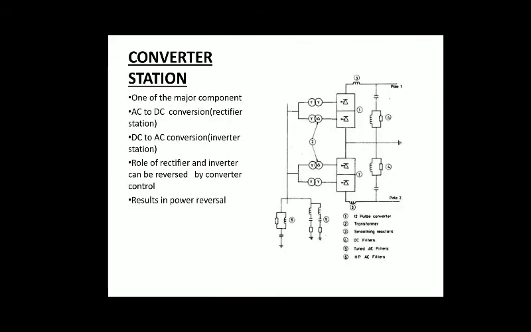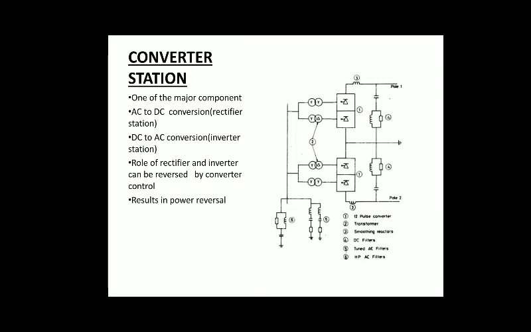So what are the parts of this HVDC transmission line? One important part is the converter station. You can see the picture, the diagram of the converter station on the right side. It is used for AC to DC conversion as a rectifier station. It can also be used for DC to AC conversion as an inverter station.